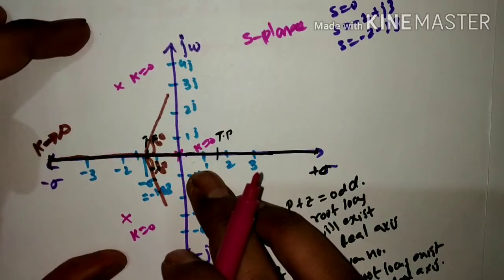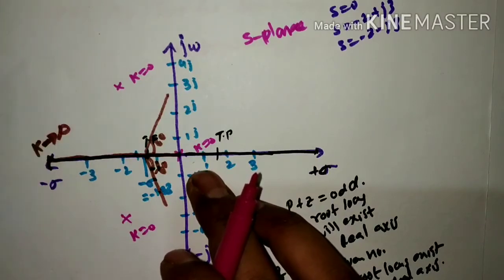So the roots are not meeting here, so there is no breakaway point.